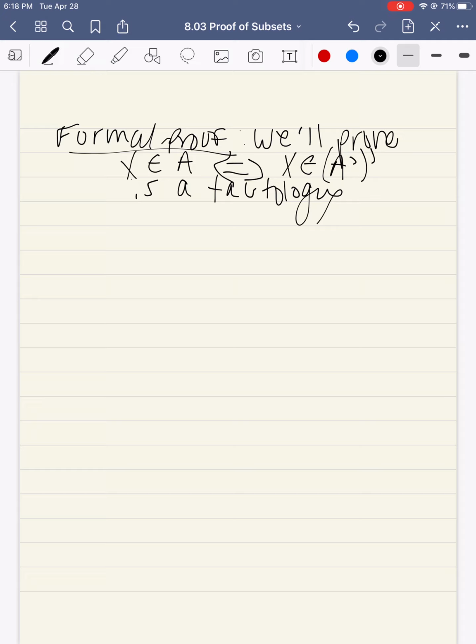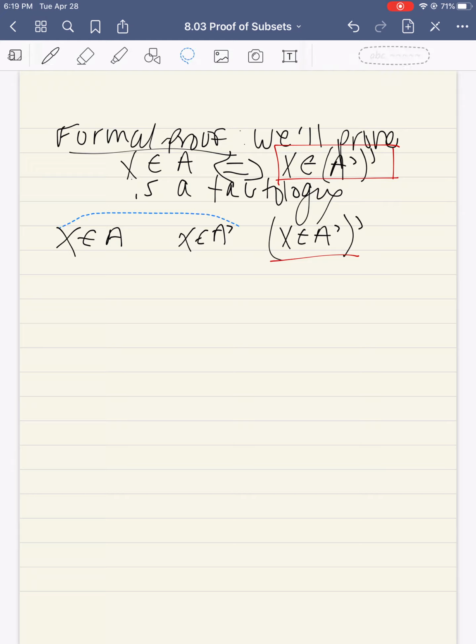So looking at what this would look like here, we're not starting with propositions like we did in logic. We want to use elements of sets. So we're going to start with X being in A, and then X being in A complement, and then X being in A complement complement, the complement of that. So essentially what we're doing here is this part here is really this part here. And then the last value, our last column in our table, let me just scoot this over a little bit.